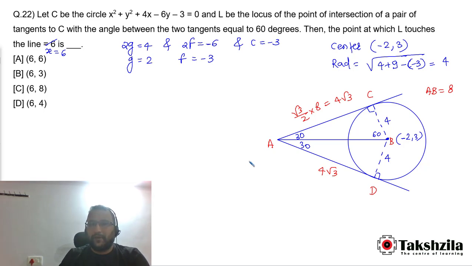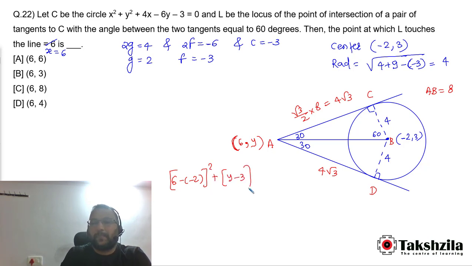So यहाँ पे इस पॉइंट के कोऑर्डिनेट्स हमें यहाँ पे फाइंड आउट करना है. द पॉइंट एट विच L टचेस द लाइन x इज इक्वल टू 6 मीन्स इस पॉइंट का x कोऑर्डिनेट इट्स 6, इसका y कोऑर्डिनेट हमें फाइंड आउट करना है. सो यहाँ पे हम डिस्टेंस फॉर्मूला यूज कर सकते हैं. 6 माइनस ऑफ -2 ब्रैकेट स्क्वायर प्लस y माइनस 3 ब्रैकेट स्क्वायर is equal to 8 square is how much?